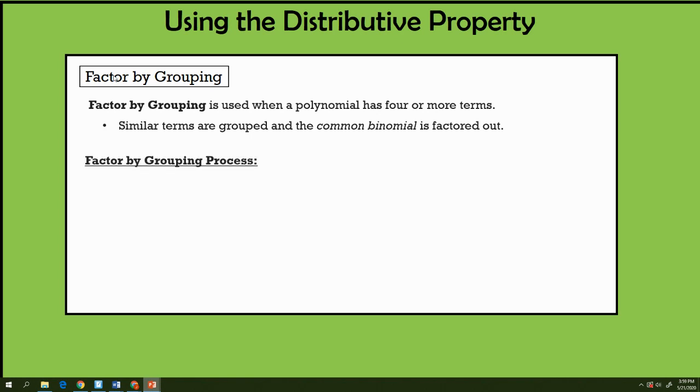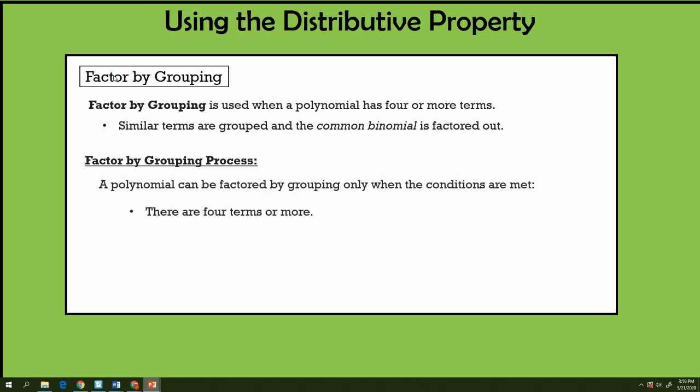Okay, so our factoring process by using grouping, number one, these conditions have to be met. There's got to be four terms or more, like I said. You can't do it with three terms. You can't do it with two terms. It's got to be at least four. The terms have to have common factors that can be grouped together.